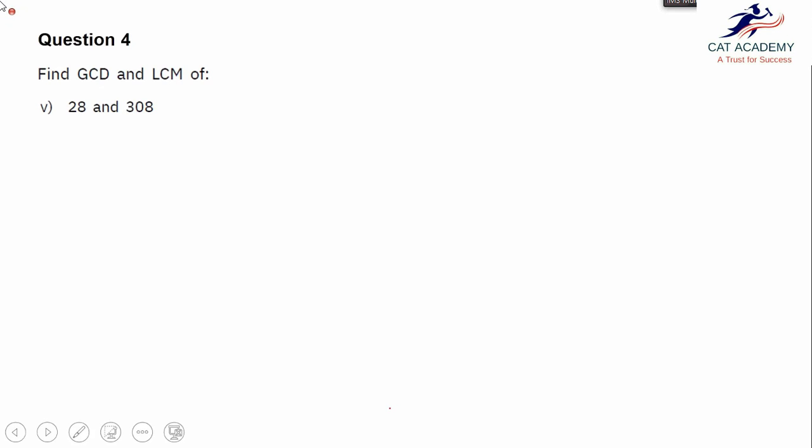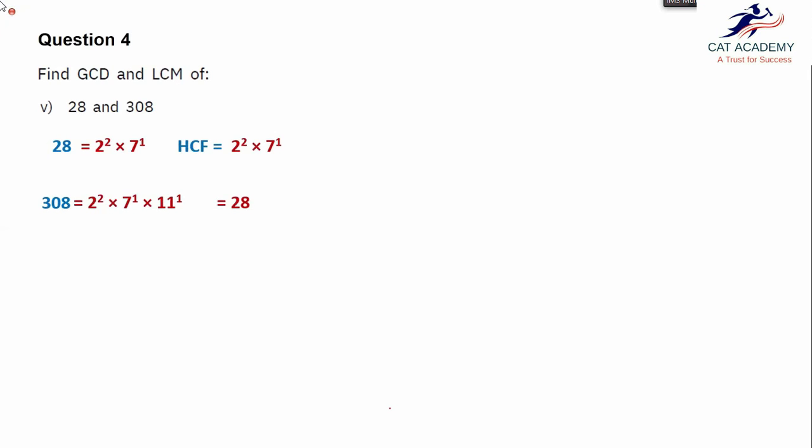So 28 and 308. 28 is the HCF. And if 28 is the HCF, then LCM will be 308. Can you tell me why this has happened? That HCF and LCM are exactly same as the numbers? Because 28 is a factor of 308.